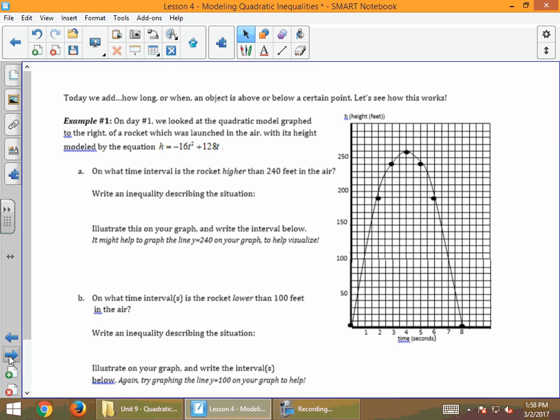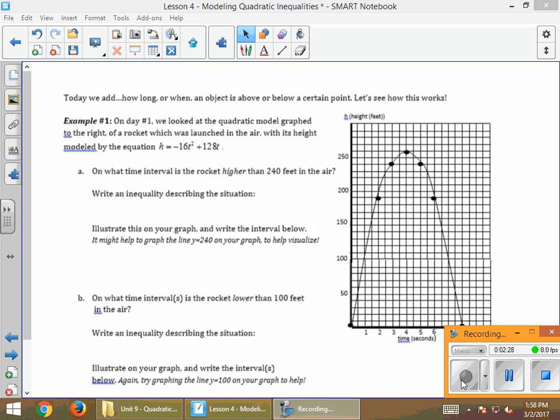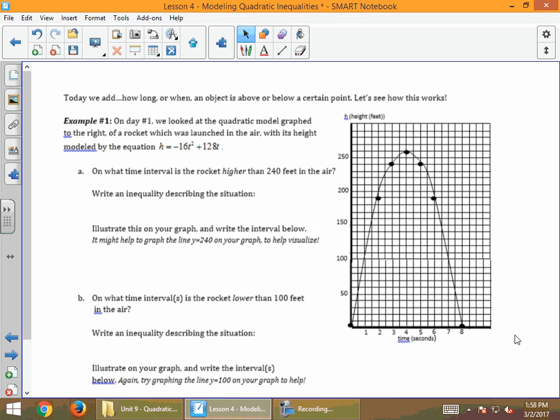A is asking on what time interval is the rocket higher than 240 feet?